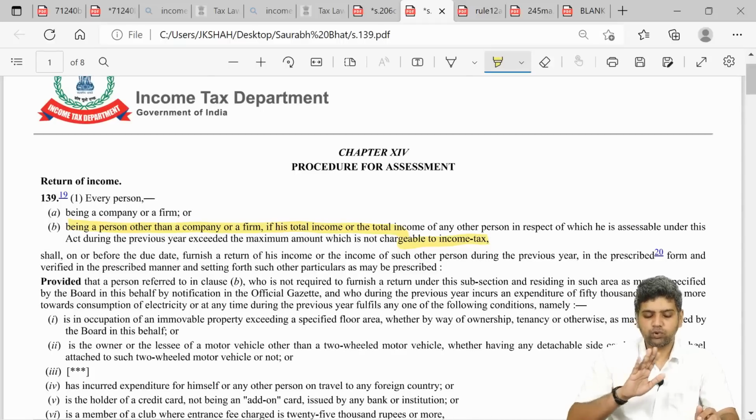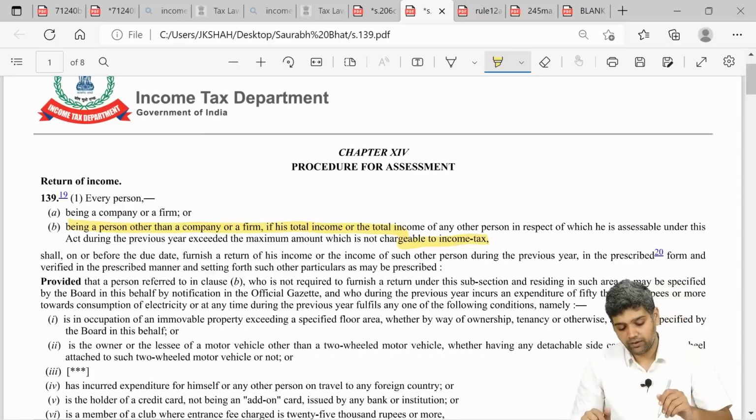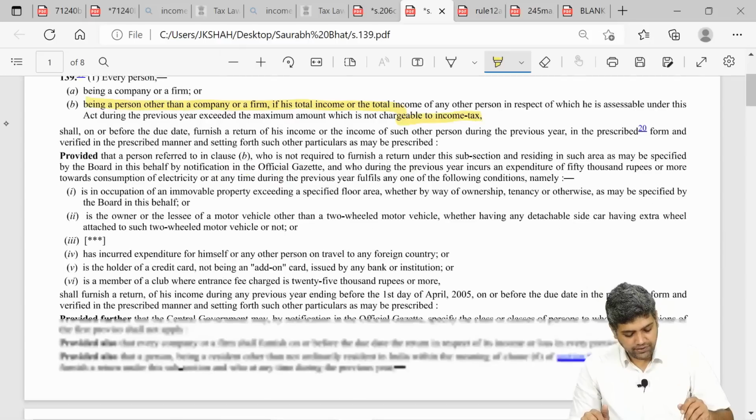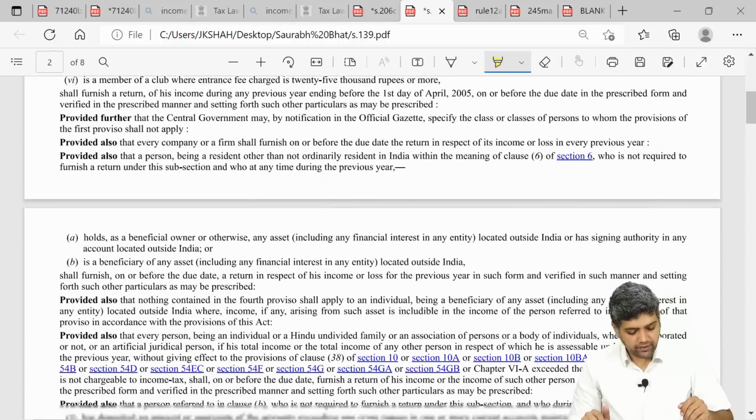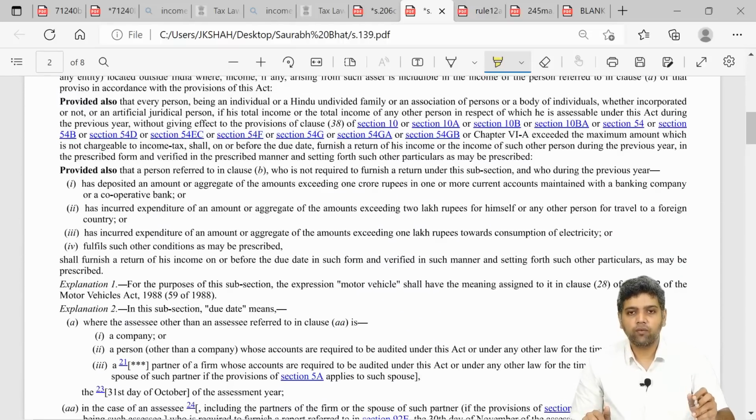So in Sudha's case, definitely the income does not exceed basic exemption limit. But during the last year, our government had inserted a 7th proviso to section 139 subsection 1.